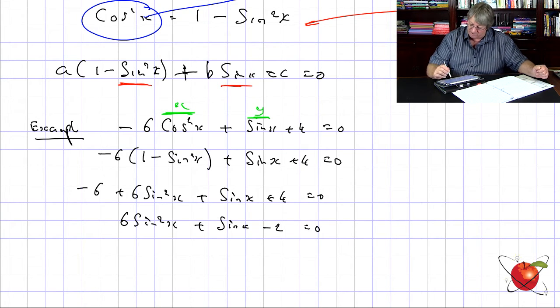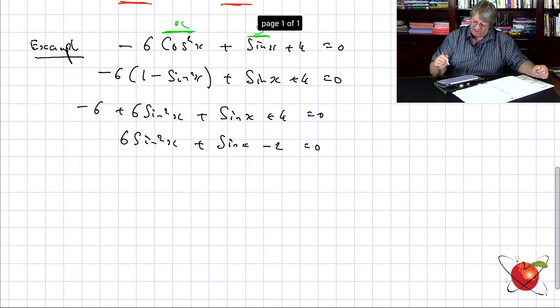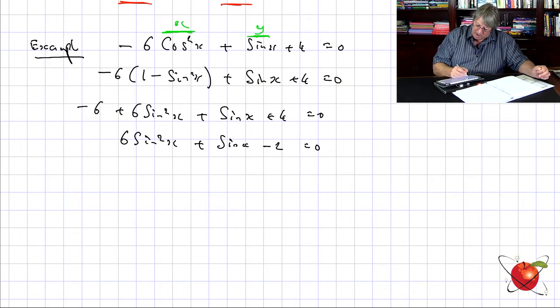What do I do next? Next, I just factorize, because now I have made it so I can factorize. Yes, you might have to use minus b plus or minus the square root of b squared minus 4ac over 2a for this, sure, but in essence, they're probably not going to give you those kind of questions. It's unnecessarily complicated. This is complicated enough.